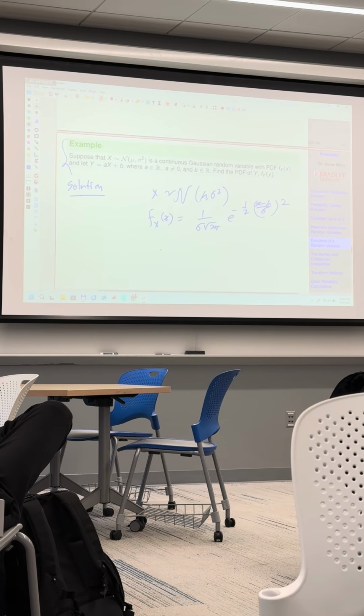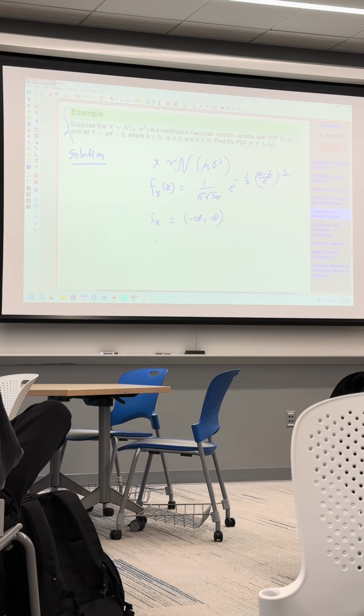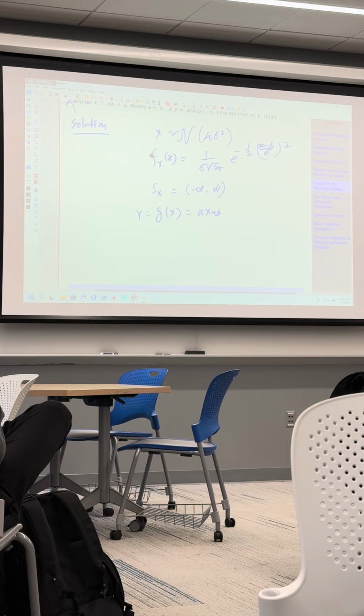You know s sub x, which is negative infinity to positive infinity, and you know g of x equals ax plus b, and there are conditions here. So you need to find what f sub y is.